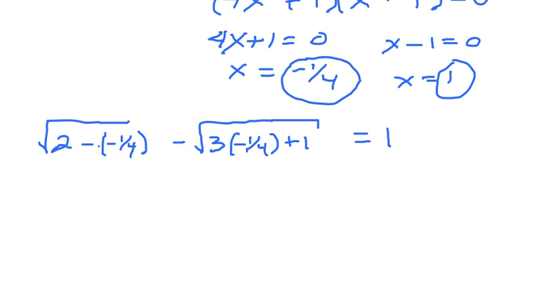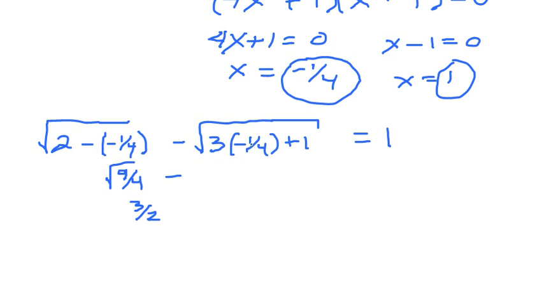What is that? 4 over 4. 4 plus 1 is 5. Oh my gosh. So 2 plus 1/4. What do we get on that deal? Hopefully it's a perfect square. We get 9/4. Alright, square root of 9/4 minus, and that's going to reduce down to 3/2. And then we got negative 3/4 plus 1 is a 1/4.